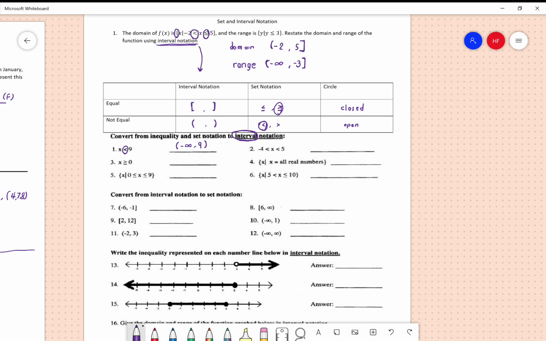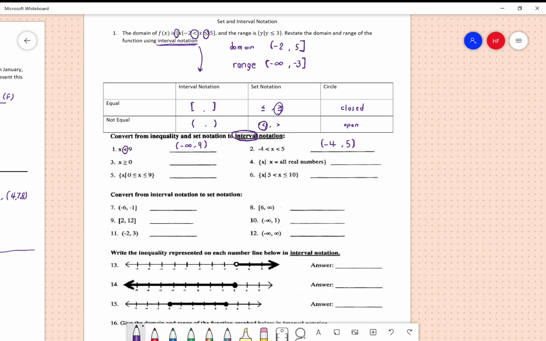Then on number 2, -4 is less than x, which is less than 5. So we know that our end numbers are -4 and 5. And since neither of these are underlined, then we've got 2 parentheses.